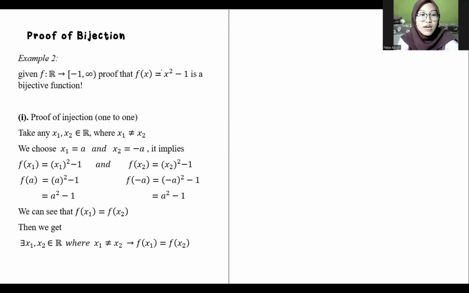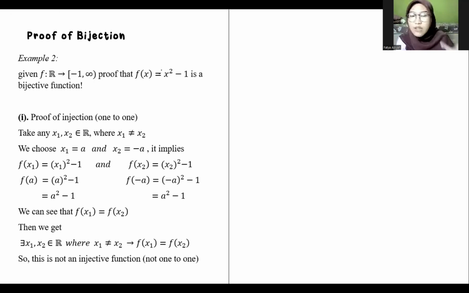Then there exist x1, x2 elements of the real number set where x1 is not equal to x2 and f of x1 equals f of x2. So this is not an injective function. So this is not one-to-one.